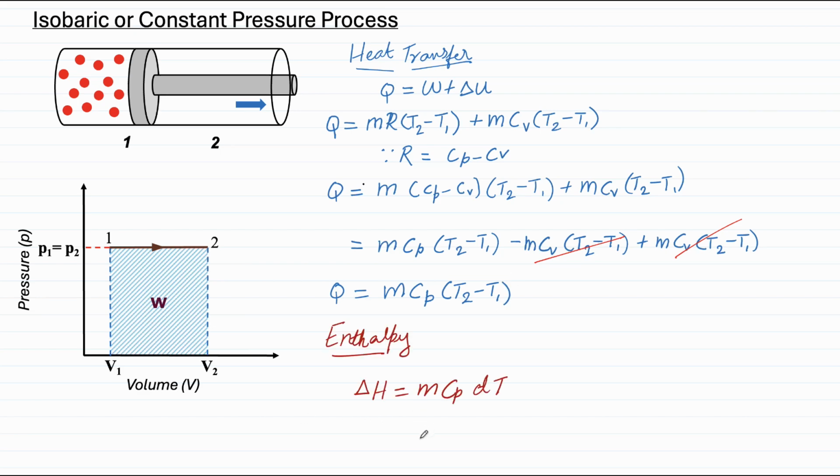The change in enthalpy in this process can be given as del H equals m Cp dT, which can also be rewritten as m Cp (T2 minus T1).